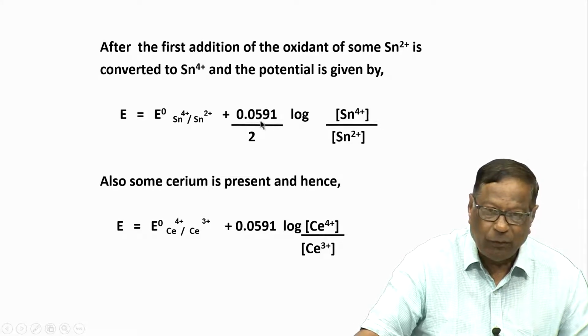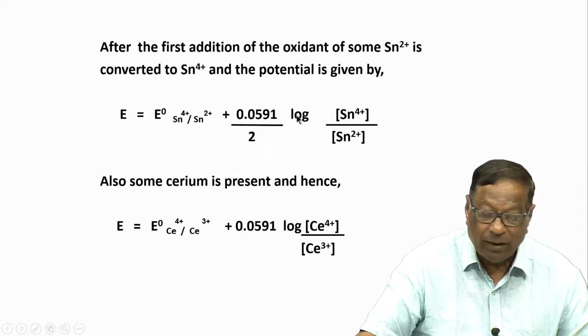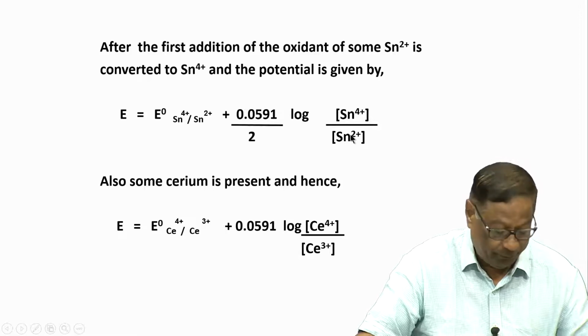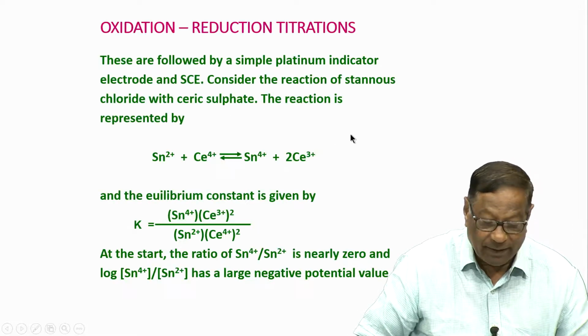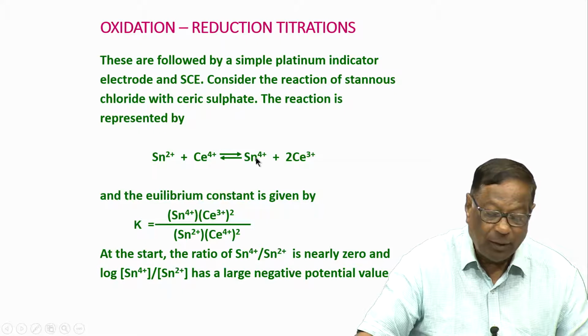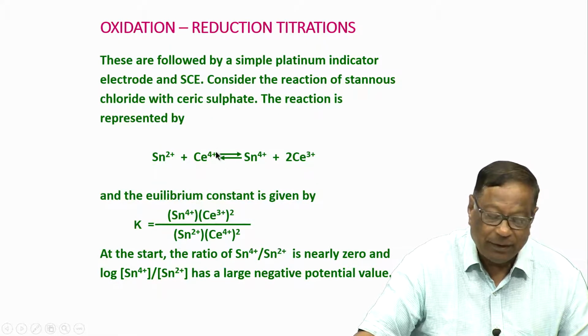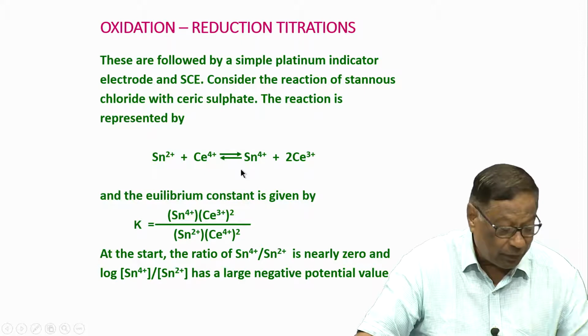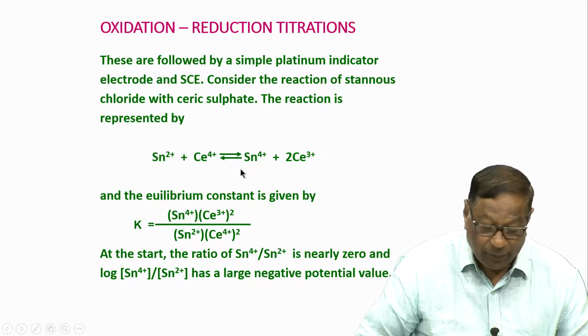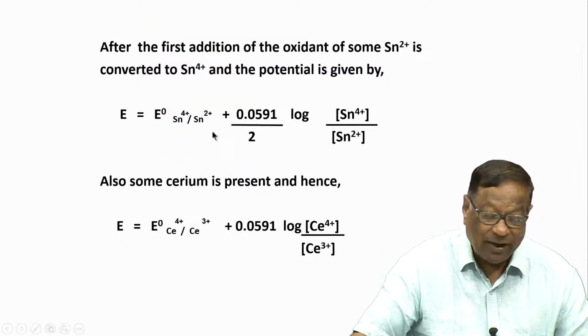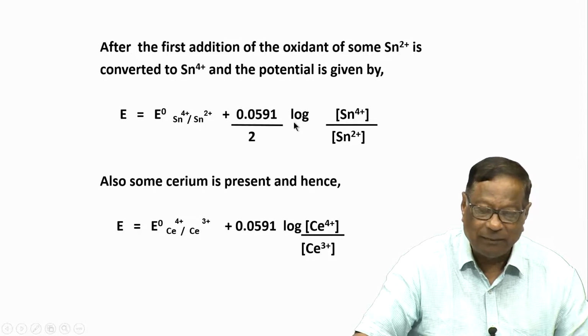So, 0.0591 divided by 2, then logarithm of stannic to stannous, products divided by reactants. See here the product is Sn4+ by Sn2+. Remember, we are considering only the stannous system, not ceric cerous. So, for the half cell corresponding to stannic stannous, we write this reaction.